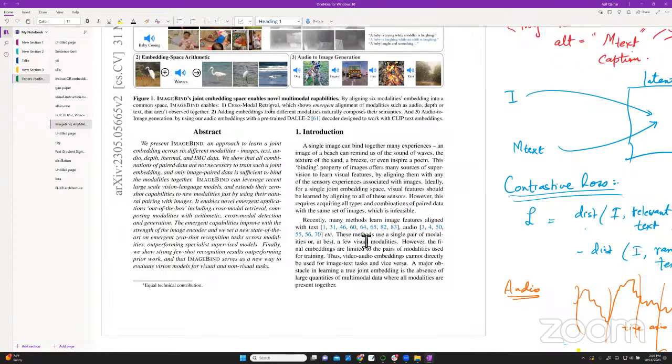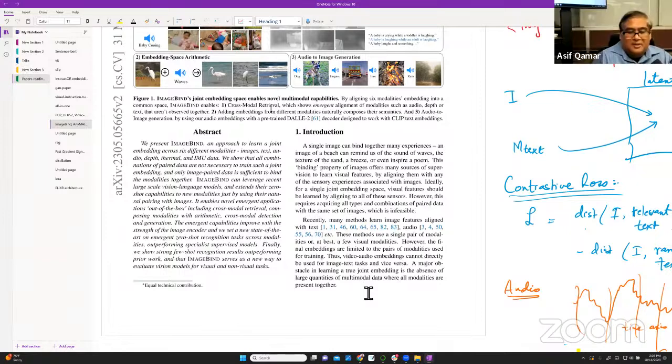Hey, Asif, I have a question. Sure. If you look at the last two sentences of the introduction, it goes over the two-dimensional thing, but then it says the video audio embeddings cannot be directly used for image text tasks and vice versa. So does that sentence mean ImageBind is not good for videos?